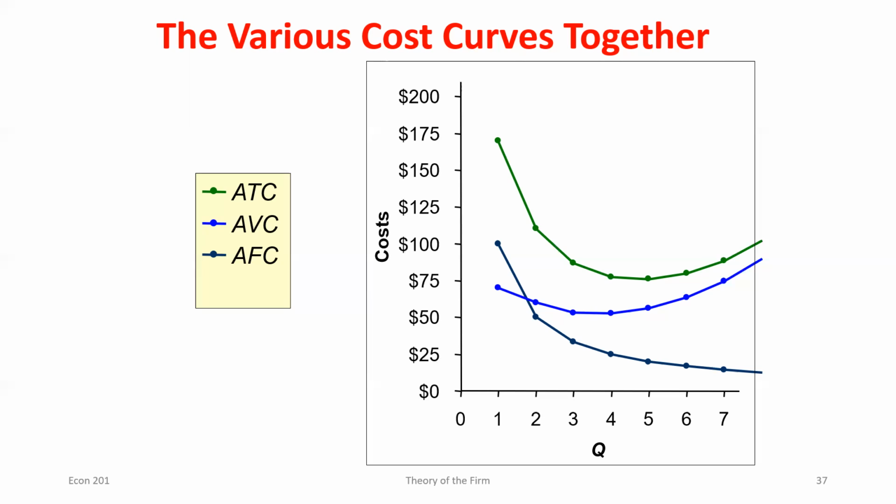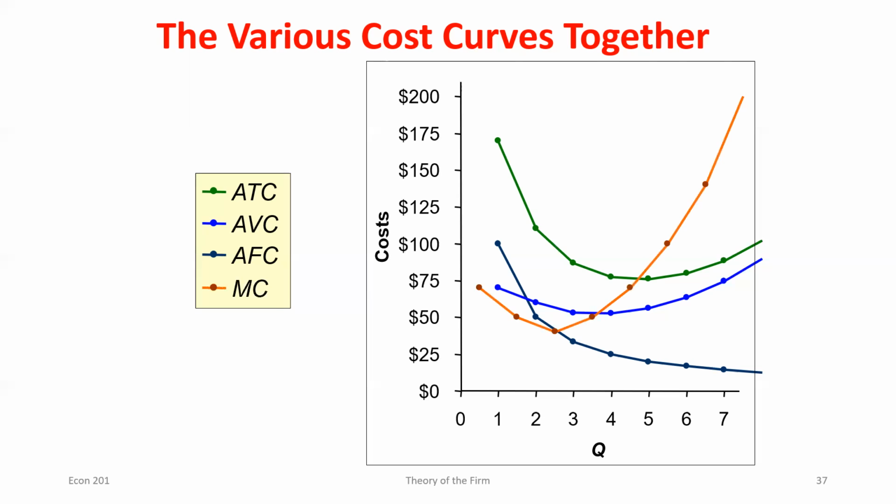So the point where marginal cost intersects the average variable and average total cost curves will be at their minimum point. And it's the same idea. If my marginal cost is below the old average, my new average is going to be a little bit lower. If marginal costs are above my old average, my new average is going to be getting higher and higher. It's the same sort of logic that applies.